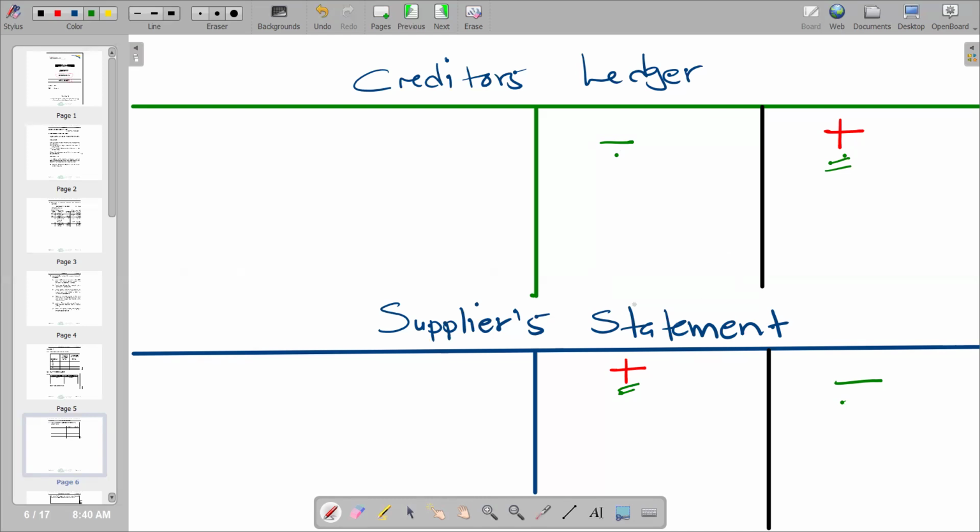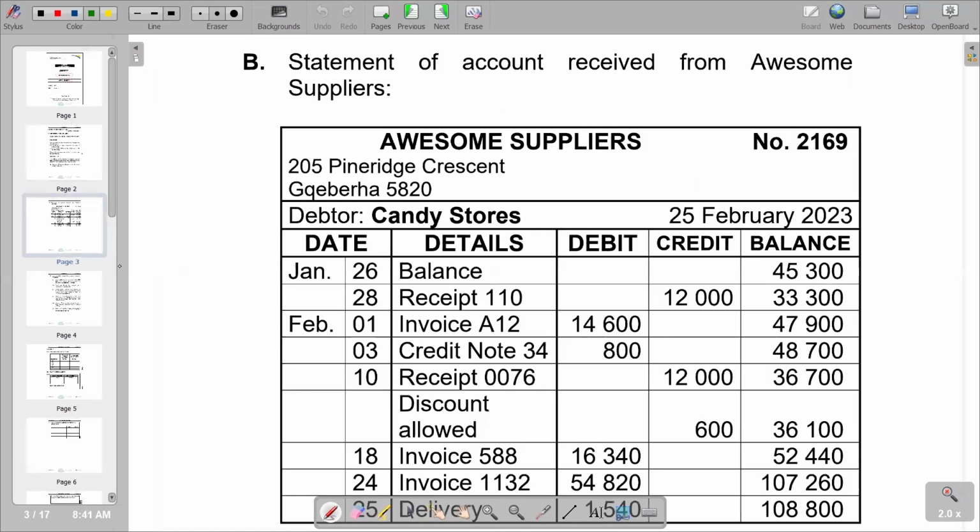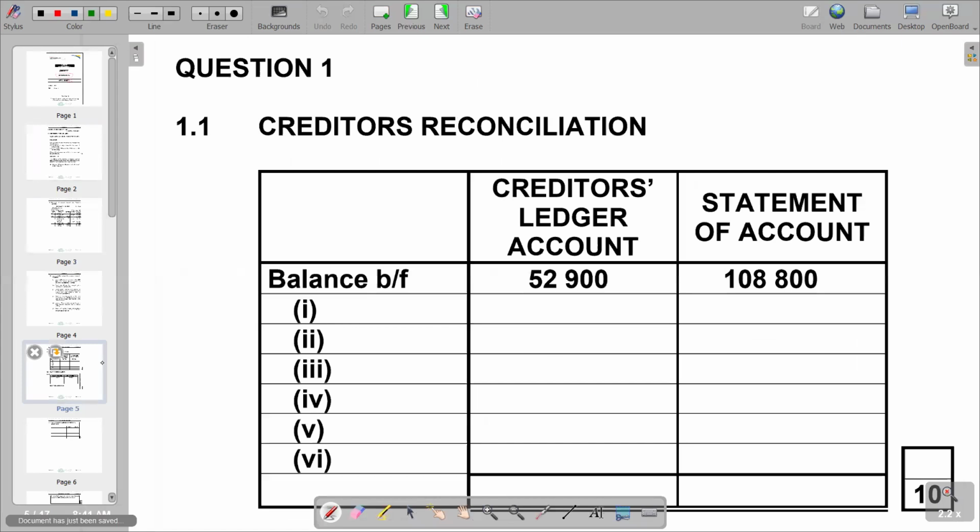We can now go back and see on the first adjustment that needs to be done. On A, it's only the balance that we are given, and if we go to the answer section, you'll see that those opening balances are already pre-entered. So we can just skip that part.